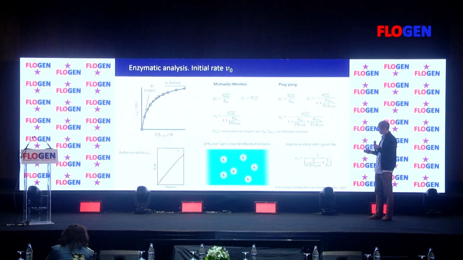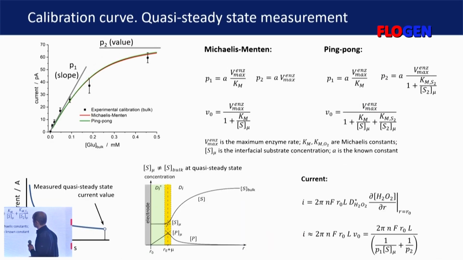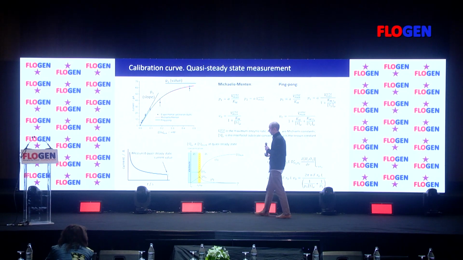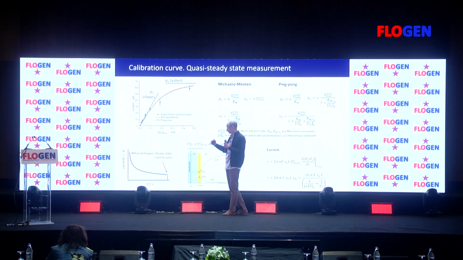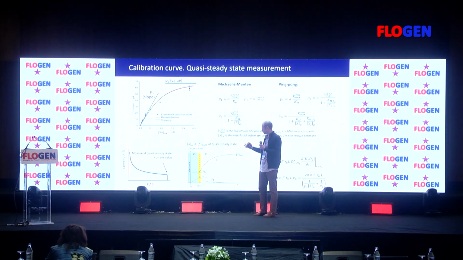In opposition to this situation, in the electrochemical measurements, very often people do this kind of analysis straightforwardly on the calibration curve obtained with the enzymatic electrode. However, this is basically wrong, because in electrochemical measurements, generally the measured value is at the quasi-steady state, at sufficiently long time to ensure the full development of the diffusion layer.